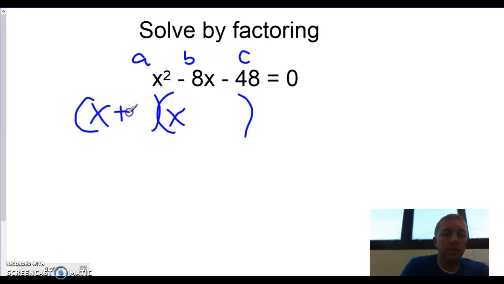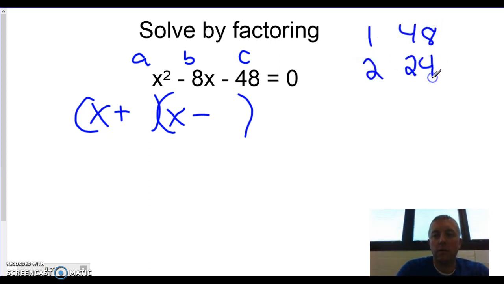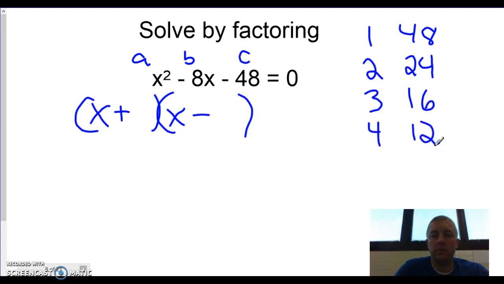That means 1 must be positive, 1 must be negative. Okay, if you need help with this, list the factors of 48. 1 and 48, 2 and 24, 3 and 16, and what else we got? 4 and 12, and 6 and 8.